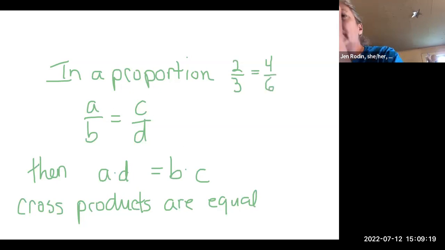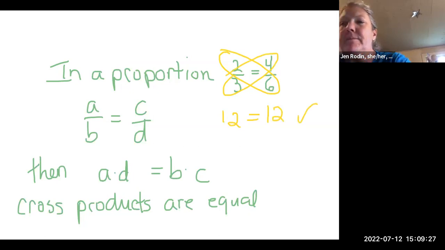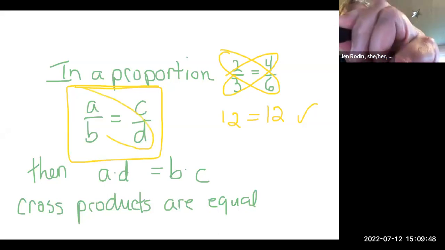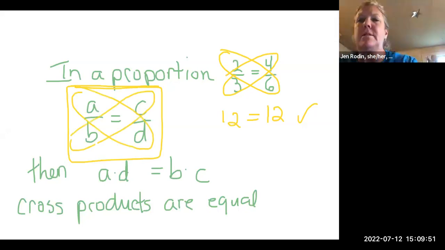Here it is with the actual numbers: 2 times 6, 3 times 4. The cross products are equal. Product is just the answer in a multiplication. So we've already been using that principle to solve those proportions, but this is why: because in any proportion, those are just representing the numbers, then A times D equals B times C. It's always going to be true. And there's other stuff you can mess with also, but that's enough for that.